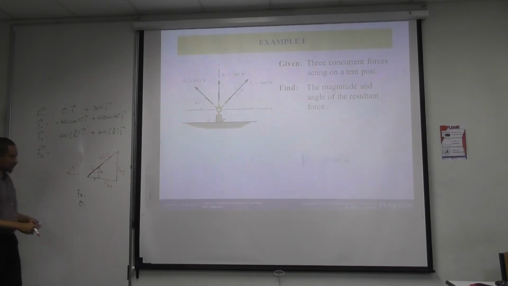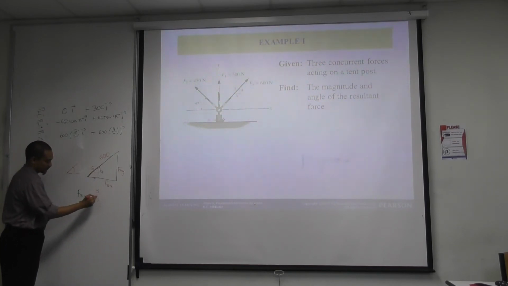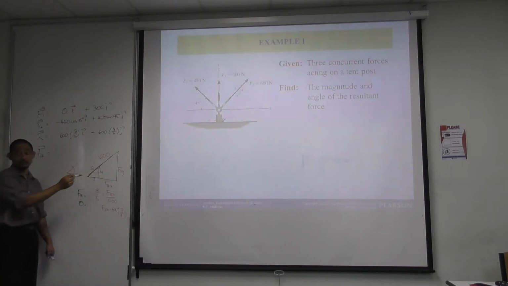By the same ratio, this horizontal over hypotenuse should be F3x over 600, right? So if you rearrange, simply F3x is 600 times 3 over 5, and this one will be 4 over 5, right?